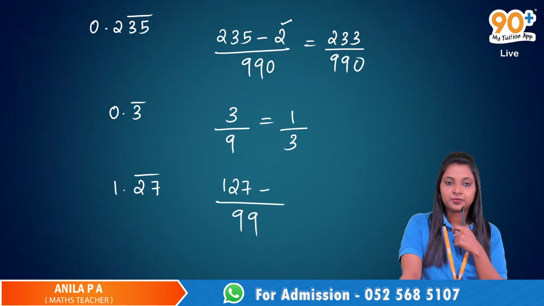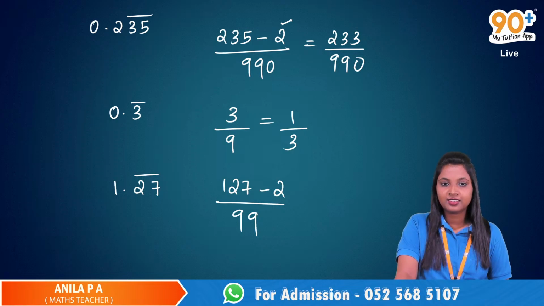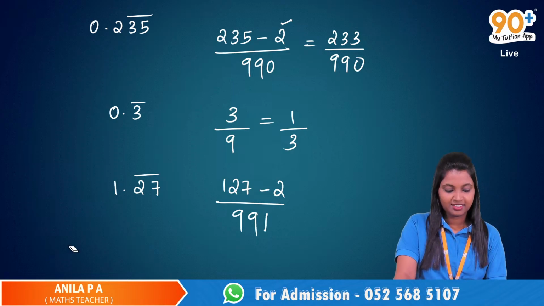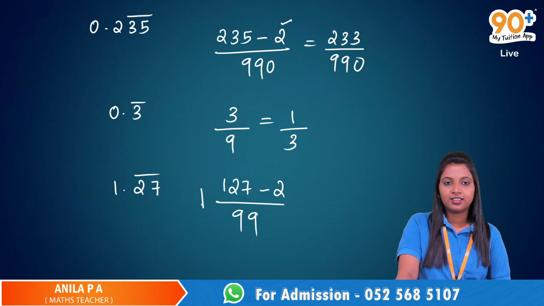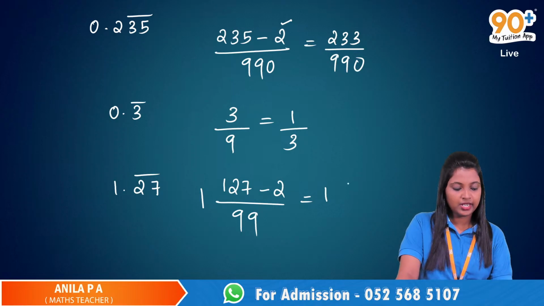Yes, subtract 2. And if there is a number at the side, we have to make it a mixed fraction. So it is 1, then 127 minus 2 is 125, divided by 99.